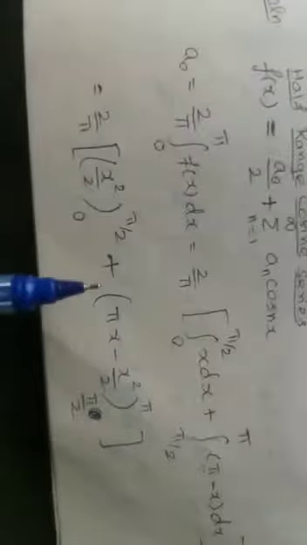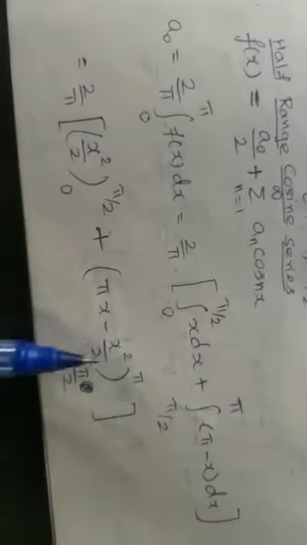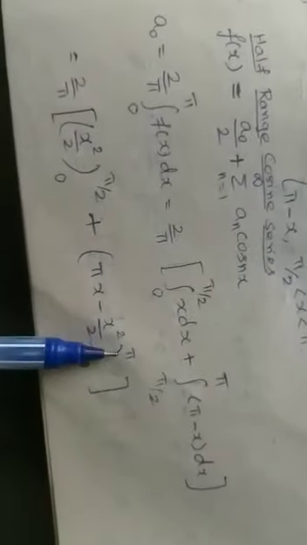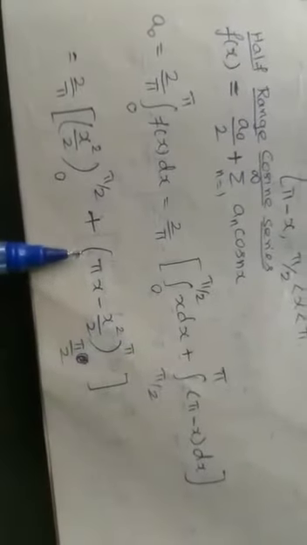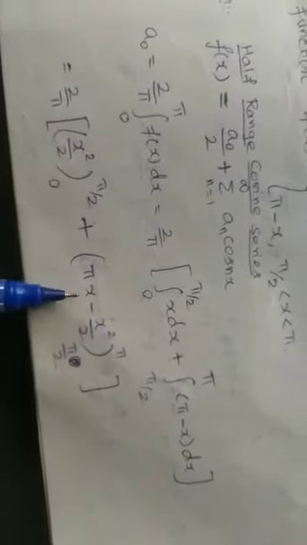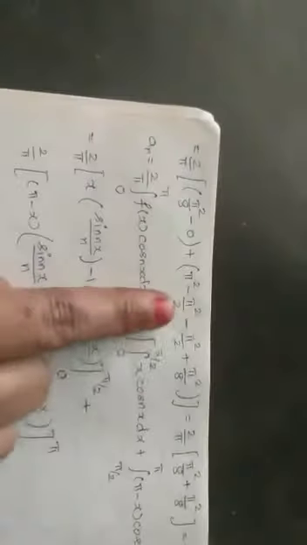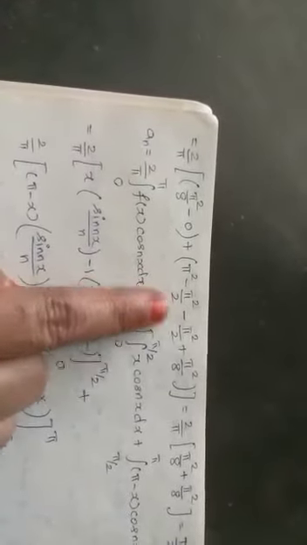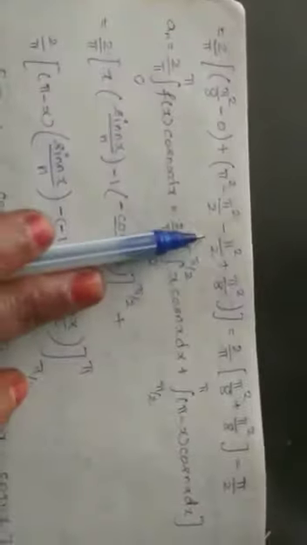Here it is pi x minus x square by 2. The upper limit is pi, so pi into pi is pi square, minus x square by 2, instead of x it is pi, so pi square by 2. So pi square minus pi square by 2, minus, we have minus for the lower limit.